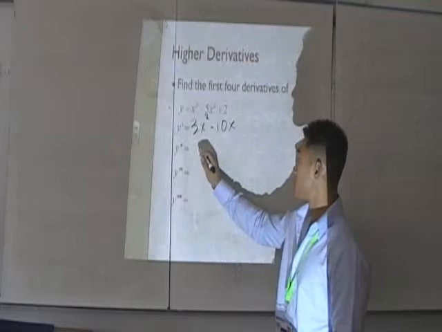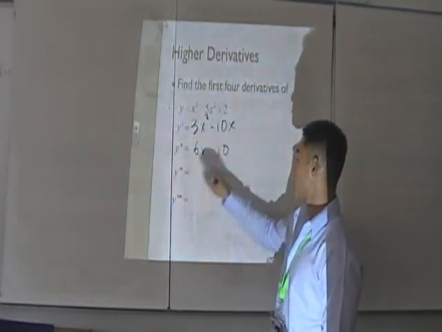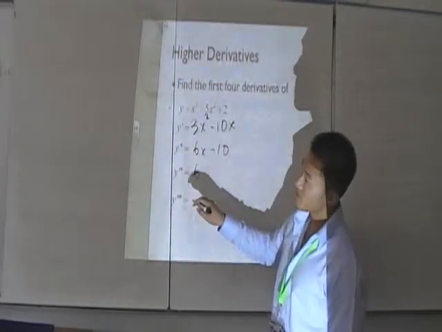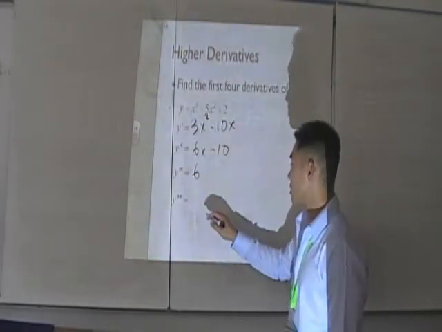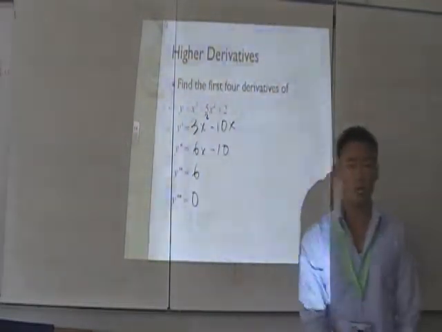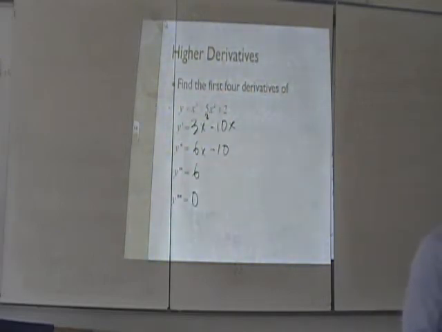Geneva, give me the next one. 6x minus 10. Now the next one. 6. Okay. Devin, give me the last one. 0. Good. Any questions? If I'm calling one person, that's the only person's voice I want to hear.